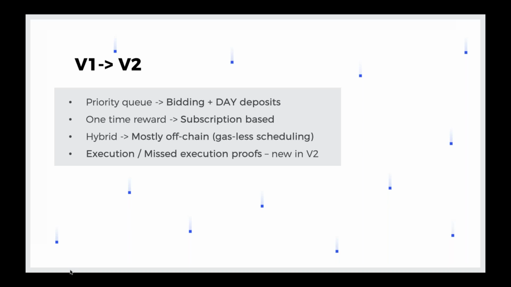That's the reason we're changing that. The new thing is the execution proofs, or missed execution proofs: a way for other TimeNodes to prove via the smart contract that something did happen but some other TimeNode didn't react to it.